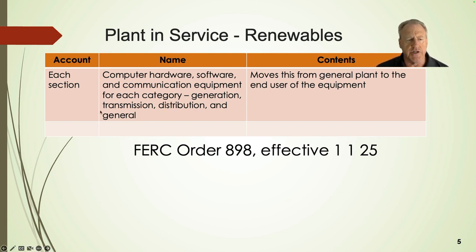And you'll still have general and administrative hardware and software for your financial packages and things like that. So moving the items right out of general plant into where they belong, again, is a good use of that. It impacts depreciation and rates, as we said.